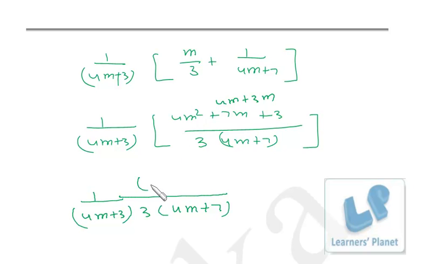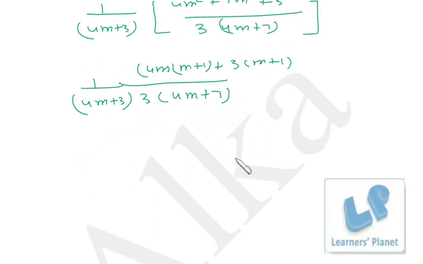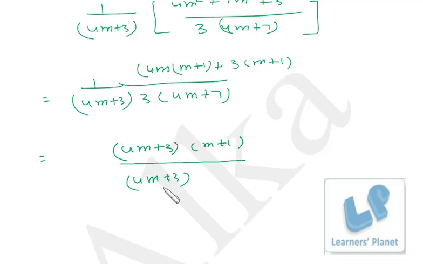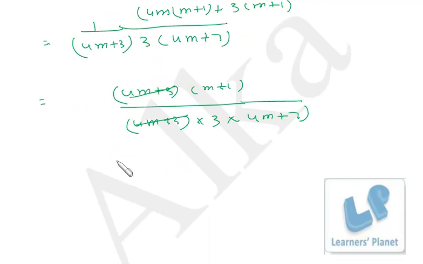So 4m I take common: 4m(m plus 1) plus 3(m plus 1). Okay, so it is (4m plus 3)(m plus 1) upon (4m plus 3) into 3 into (4m plus 7). So (4m plus 3) is cancelled, so we are getting (m plus 1) upon 3 times (4m plus 7).